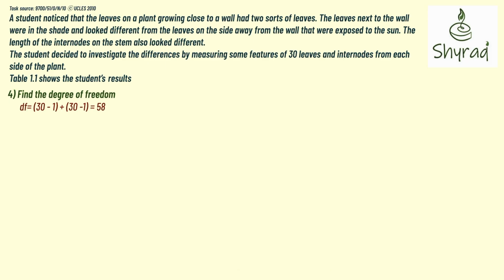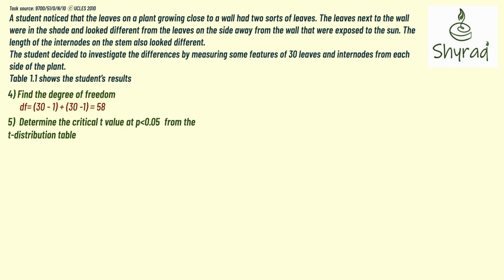To find the degrees of freedom, you can sum up the sample sizes and subtract 2. Or you could take sample size 1, subtract 1, take sample size 2, subtract 1, and sum up their values. So in our example, the degrees of freedom is 58.